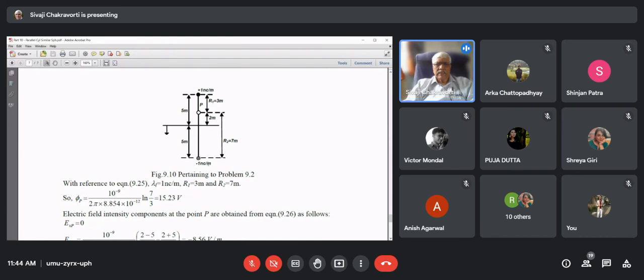Of course, we have to take the image, that is -1 nanocoulomb per meter. This is not an image with respect to the cylinder, it is an image with respect to the Earth's surface. So it will be just a standard image, equal and opposite to the actual charge, and the height and the depth with respect to the Earth will be the same.